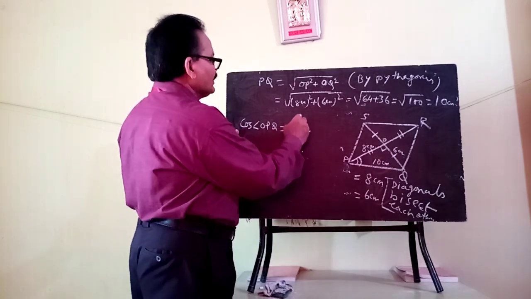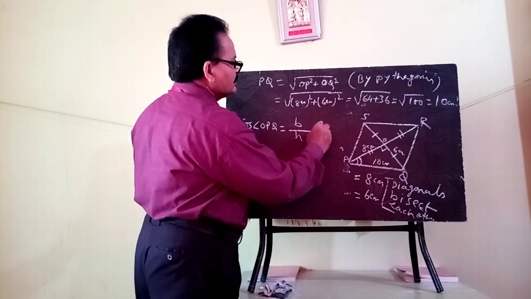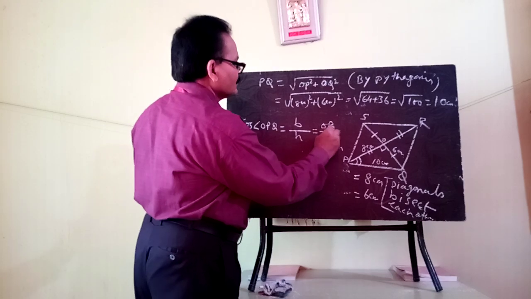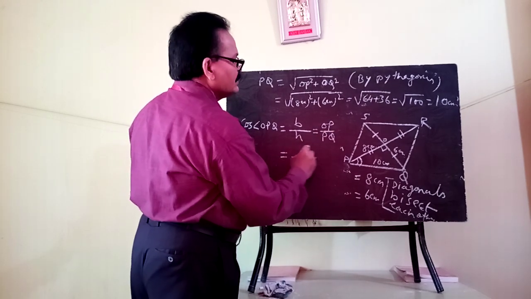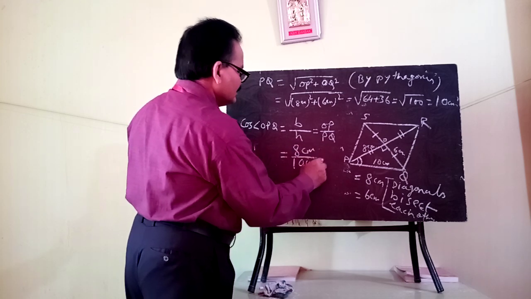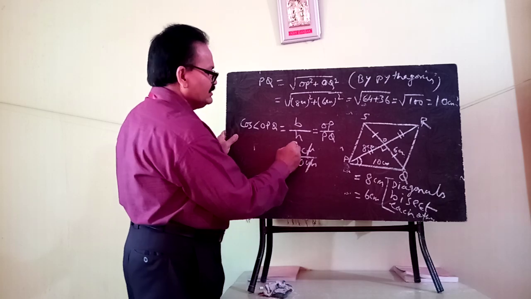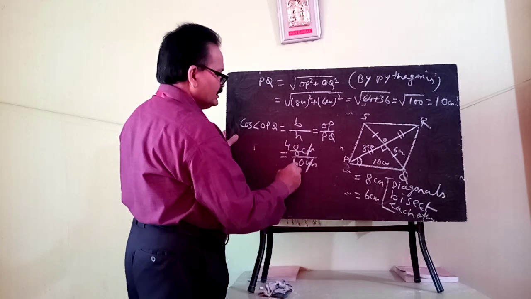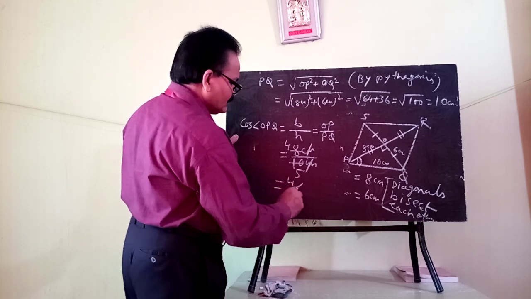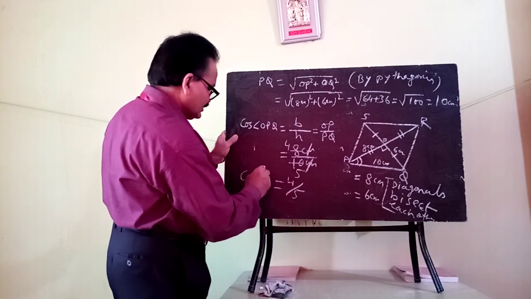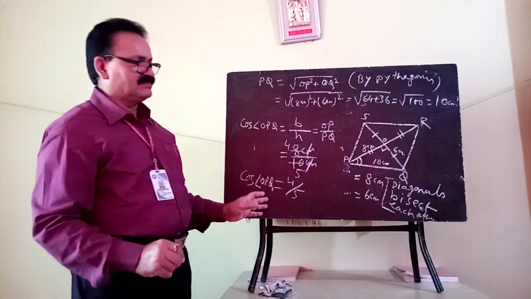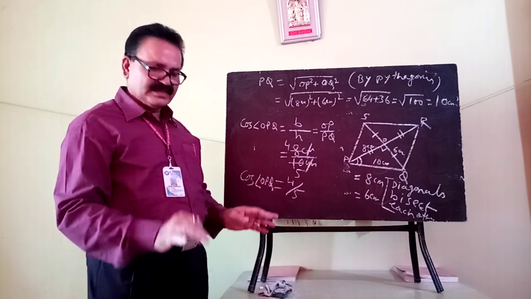So cos is base by hypotenuse, means OP by PQ, which is 8 centimeter by 10 centimeter. Centimeter cancels. 2, 4, 8 and 2, 5, 10. So the final answer is 4 by 5. Cos angle OPQ is 4 by 5.